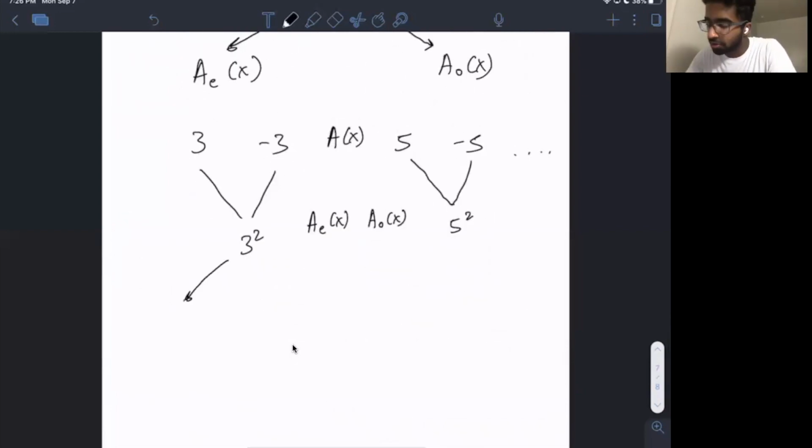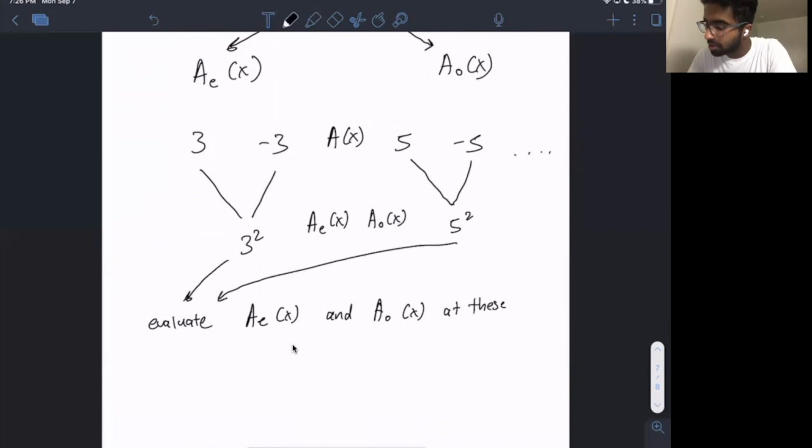We're going to want to evaluate A sub e of x and A sub o of x at these points. And again, there's going to be a bunch of other points, however many you need. So, okay, it seems all straightforward so far.